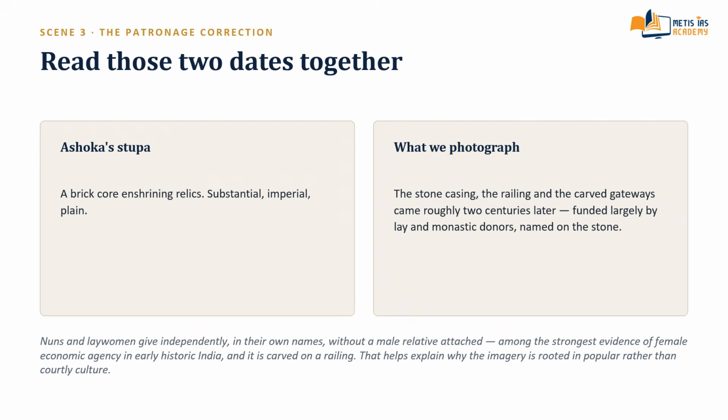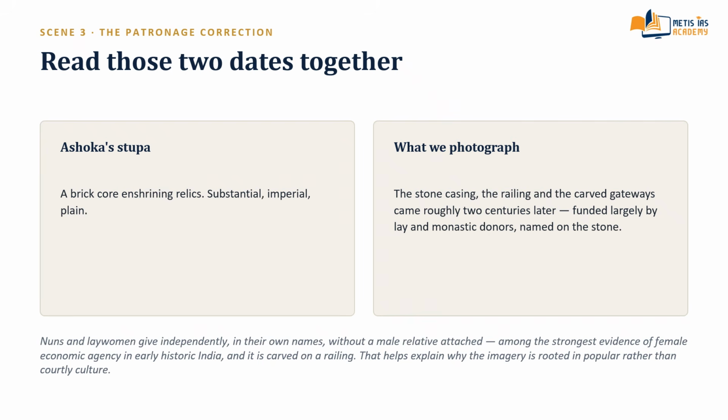Look at what those stories are: animal fables and folk tales in circulation independently of Buddhism, absorbed and relabeled as births of the Bodhisattva. And look at what they teach: Dana, giving, Sila, conduct, Karuna, compassion, Tyaga, renunciation, the Paramitas delivered as stories a farmer could follow.